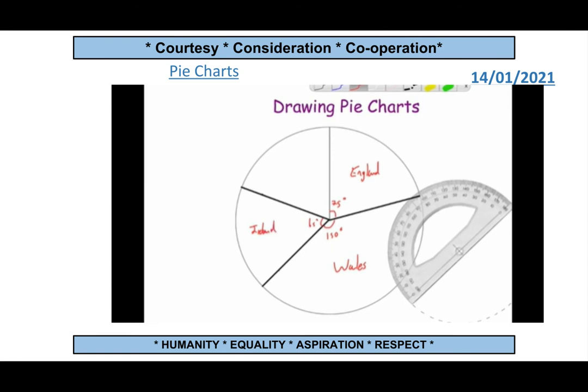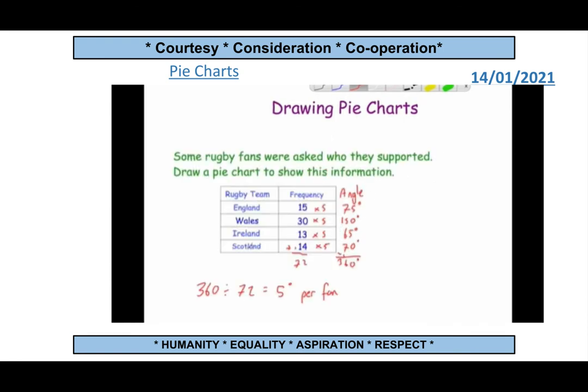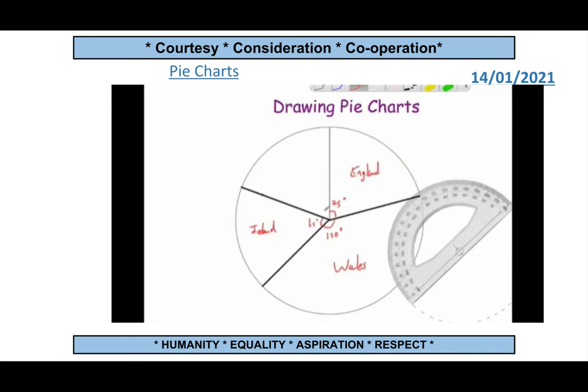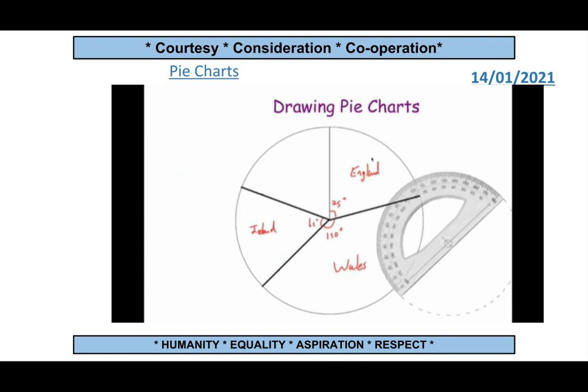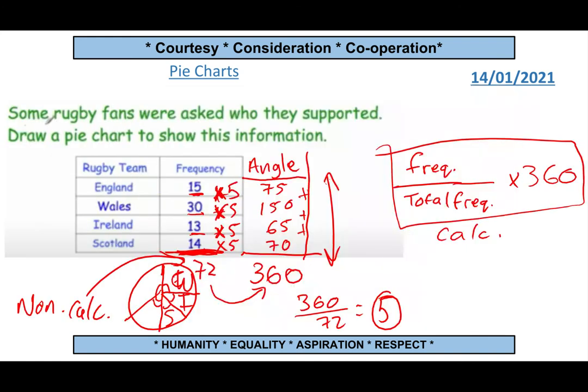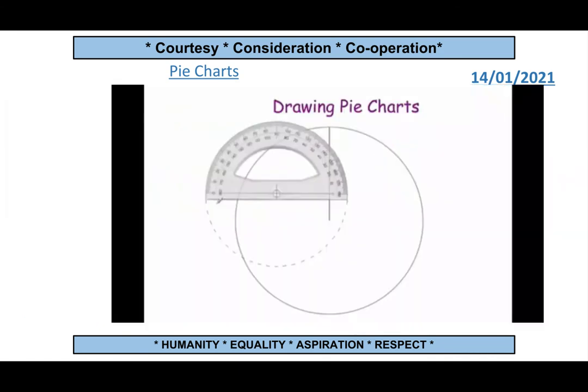Now the last one is Scotland, which is 70 degrees. But this one, we don't need to draw it in because it's already done. But we can check it, see if it's 70 degrees with the protractor. So you can label that Scotland.